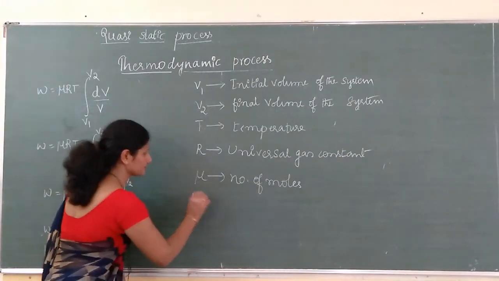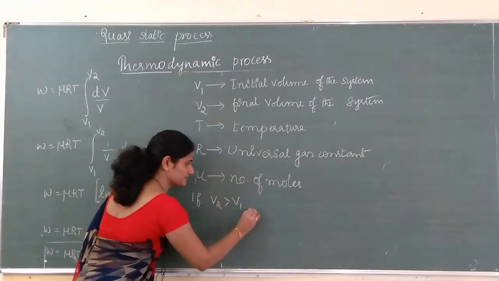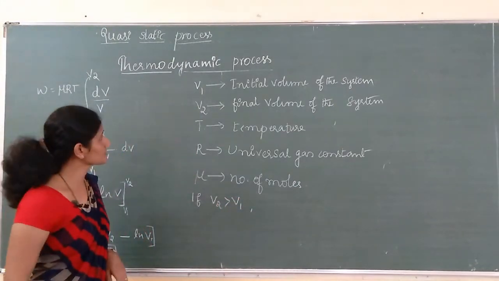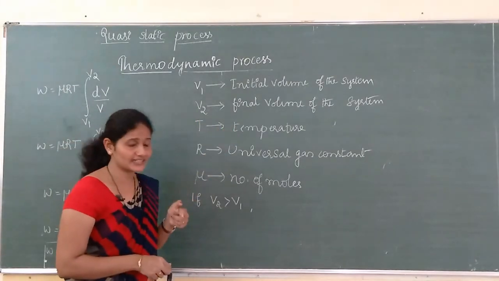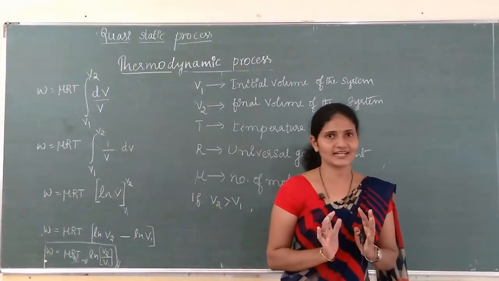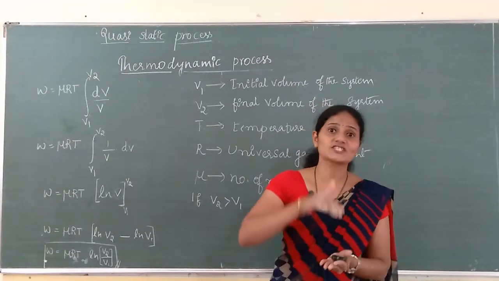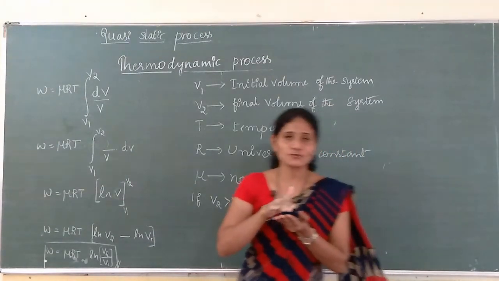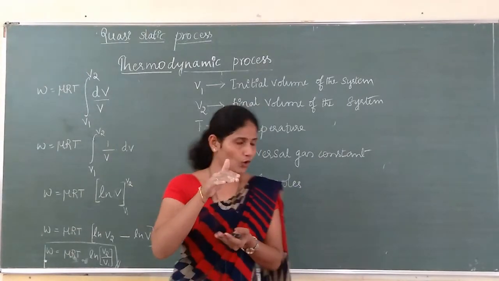If V2 is greater than V1, that means the final volume of the system is greater than the initial volume, this clearly indicates that the process is isothermal expansion. In expansion, the initial volume is less than the final volume.